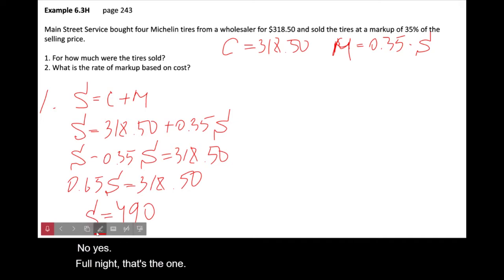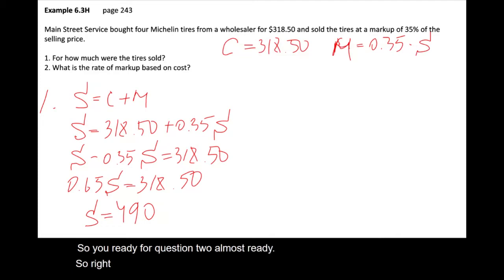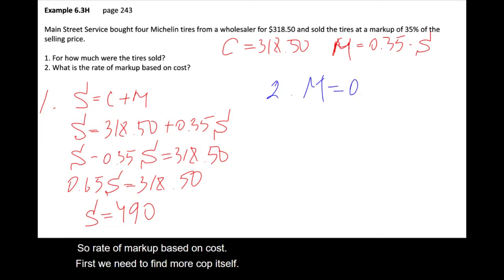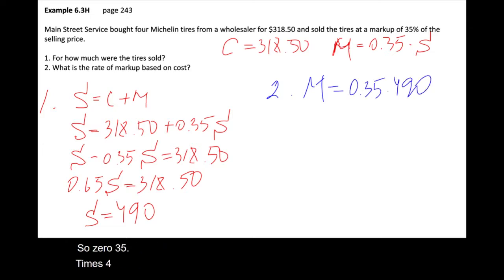So you're ready for question 2? Rate of markup based on cost. First, we need to find the markup itself. So 0.35 times 490. So markup is 171.50.